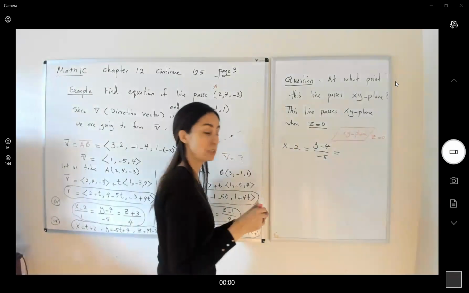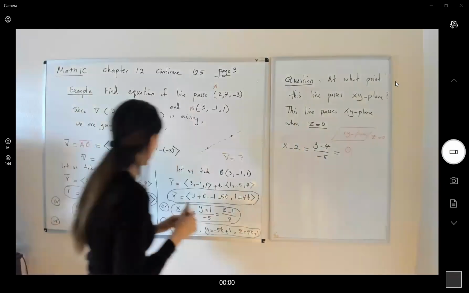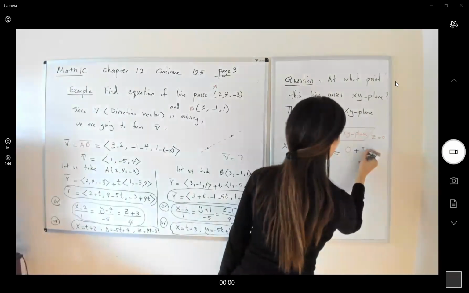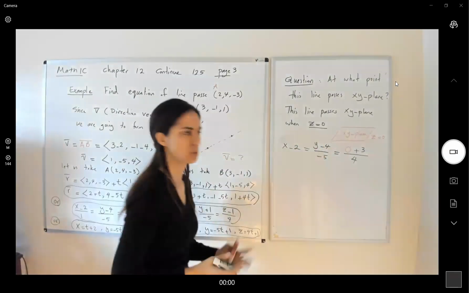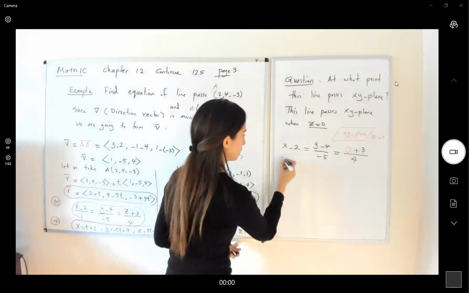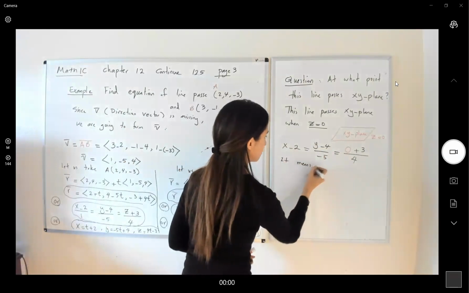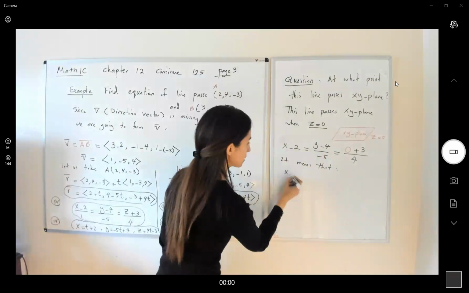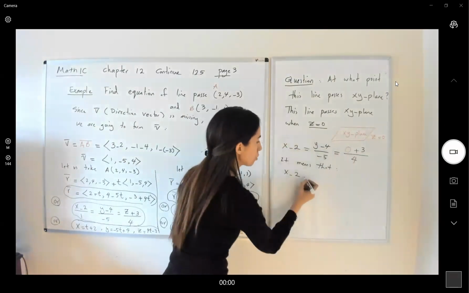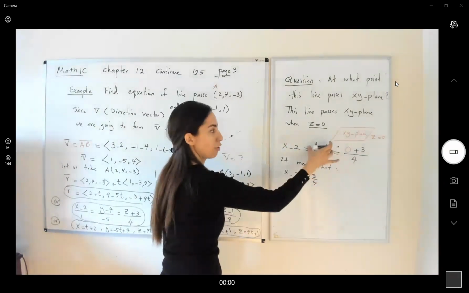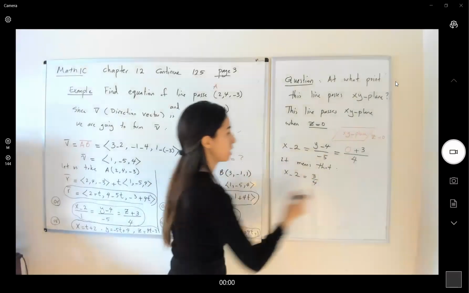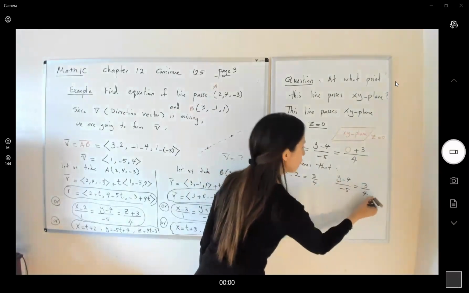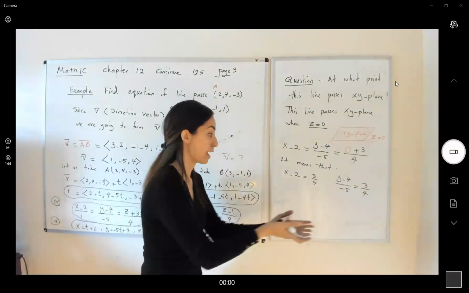So instead of z, you're going to use 0. 0 plus 3 divided by 4. So what's the meaning of that? It means that we get two equations. x minus 2 is equal to 3/4, and y minus 4 divided by minus 5 is equal to 3/4. We're going to solve for x and also y.